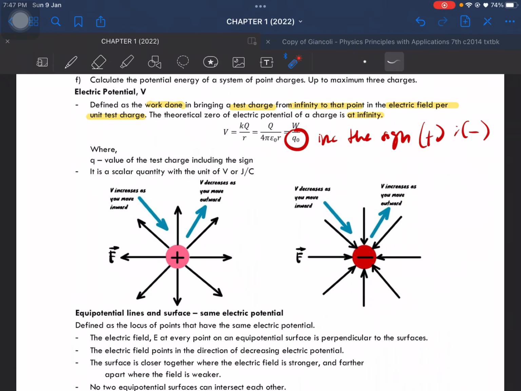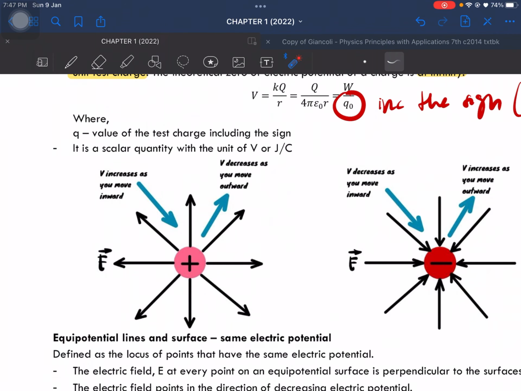Joule, joule per coulomb. Okay, and then this is a diagram showing that the electric potential will be increasing as you are moving towards a positive charge. However, as you are moving out of the positive charge, the electric potential will be decreasing.